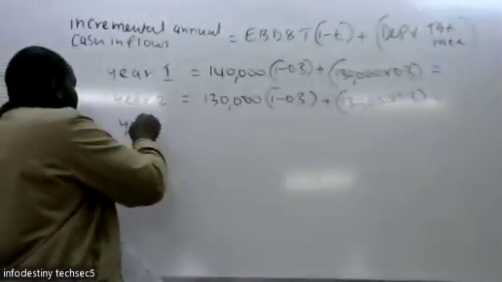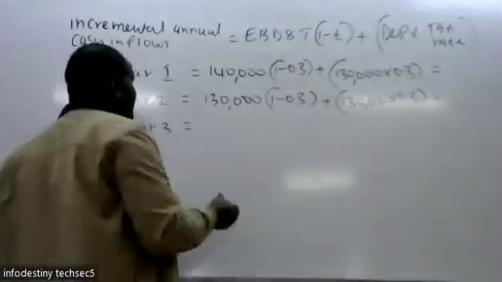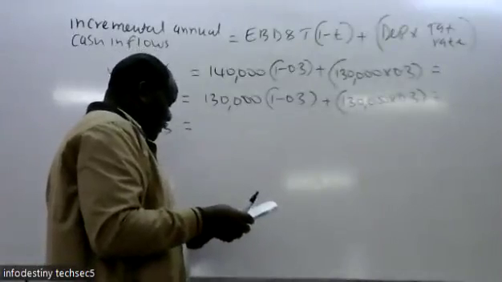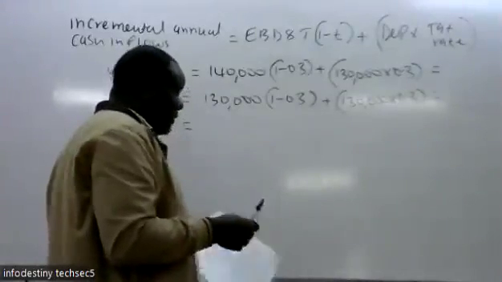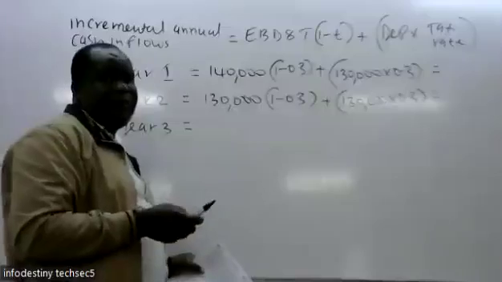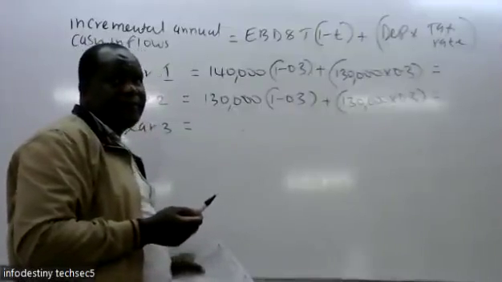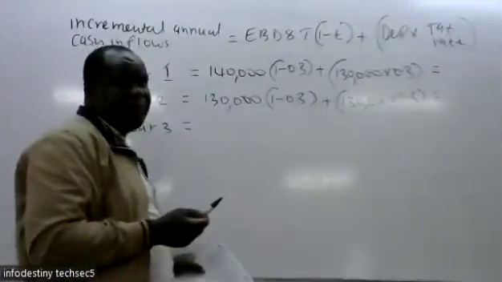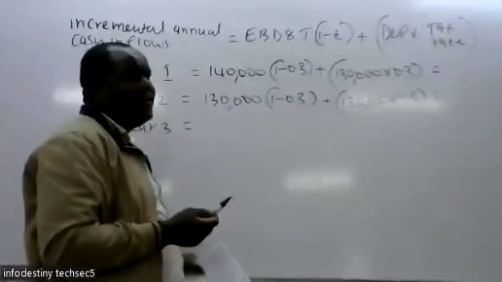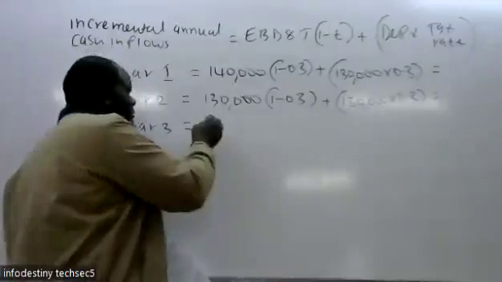We go to year 3. When it comes to year 3, it is 250 minus 130. So 250 minus 130 is 120.